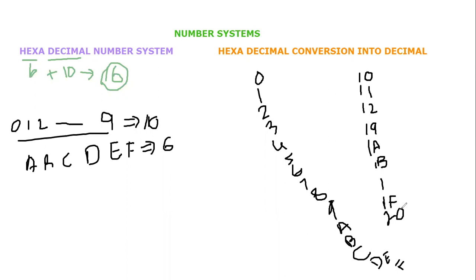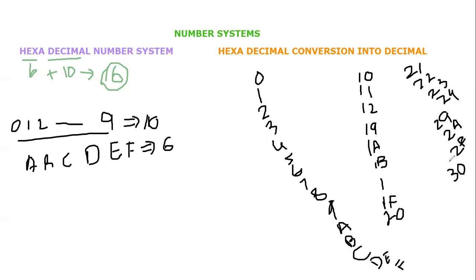After that, the numbers proceed onwards like 21, 22, 23, 24, and what will be after 29? It will switch to 2A and proceed up to 2F. After that it will switch to 30.